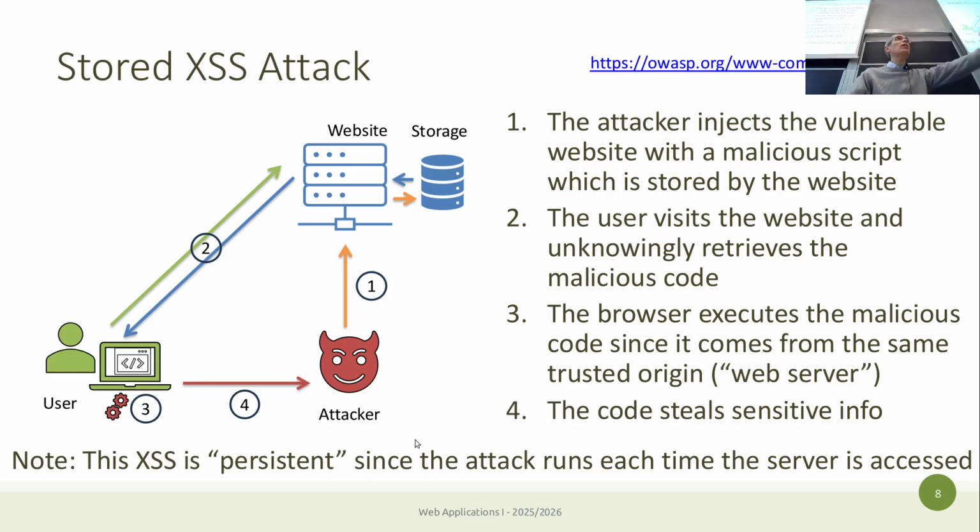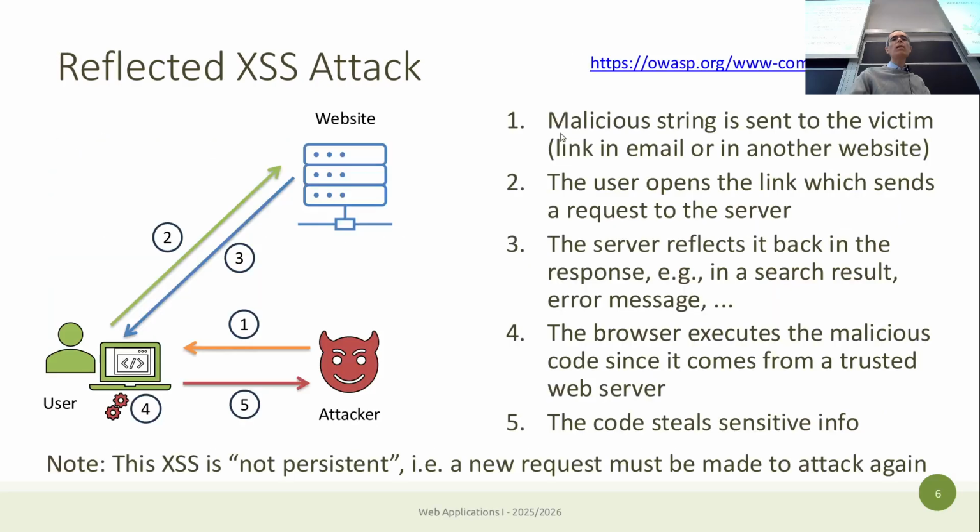So once you manage to insert something in the database, either the administrator or some user with the permission removes the content, or it stays there, and every time the users access that content, the user is exposed to the attack. While the previous one, remember the reflected cross-site scripting attack, is not persistent, because it works only because you sent a specific request with a certain URL.